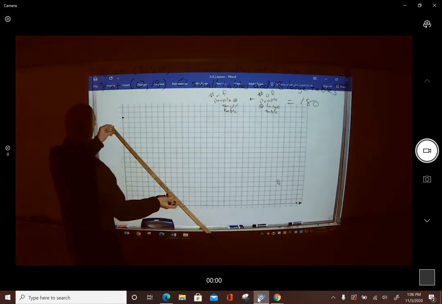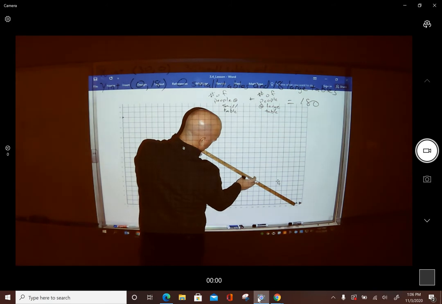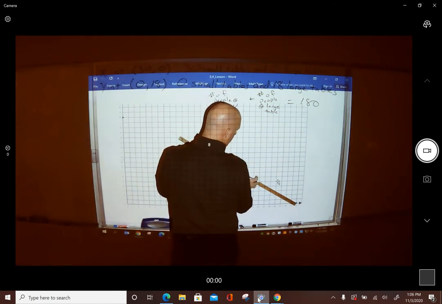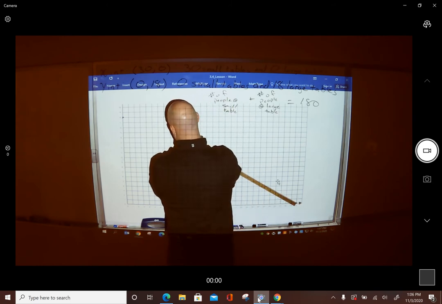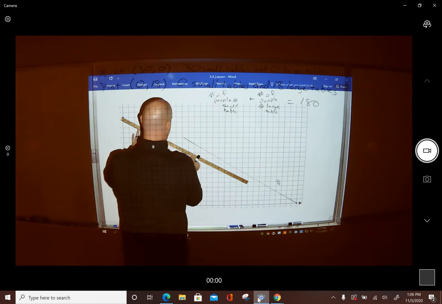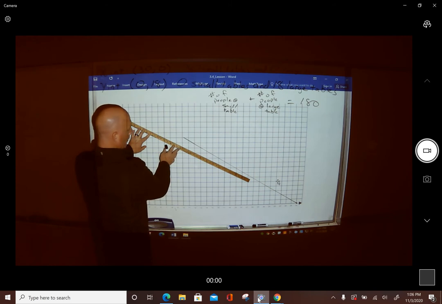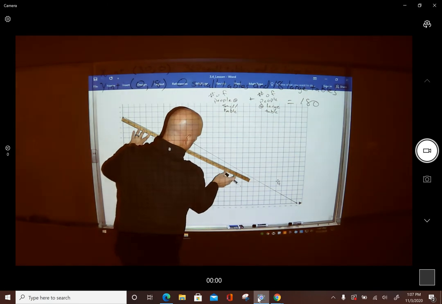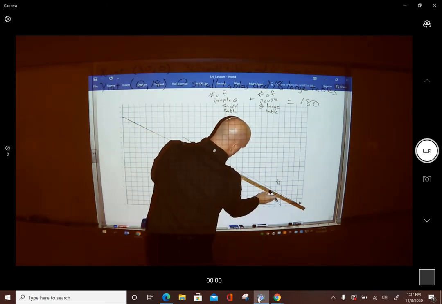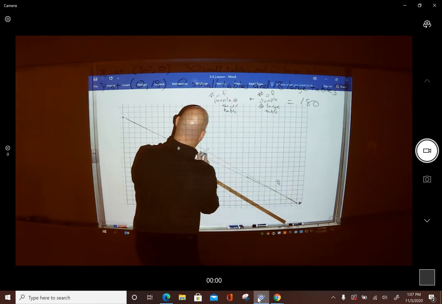And I need to make this as straight a line as possible. This is not going to be that easy because I made this so big so you can see it. Typically, your ruler is big enough to cover your graph. Mine is way off, sorry about that. Let's try this again. That one looks better.